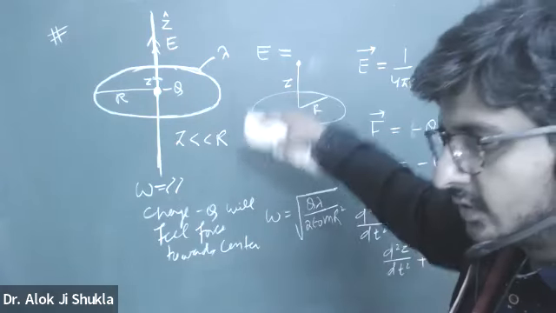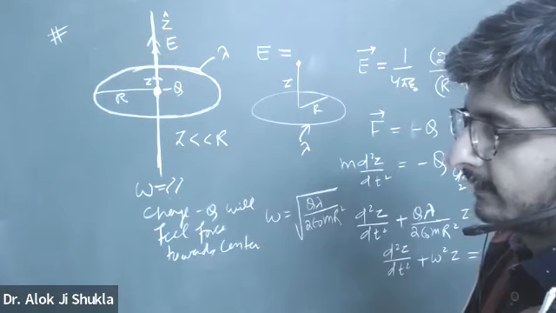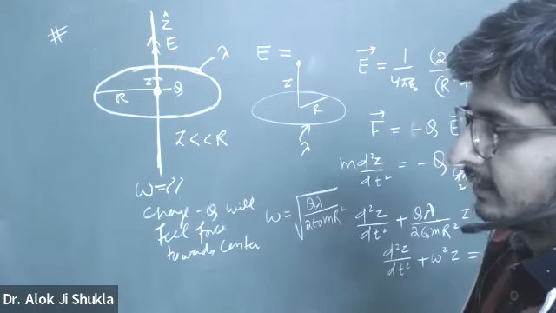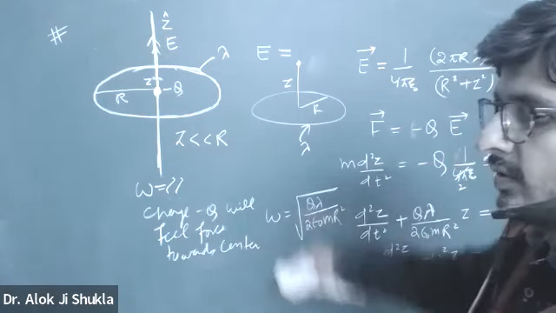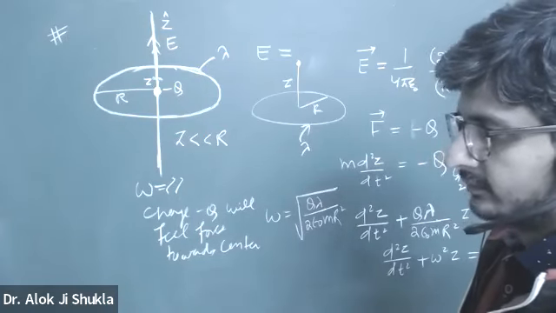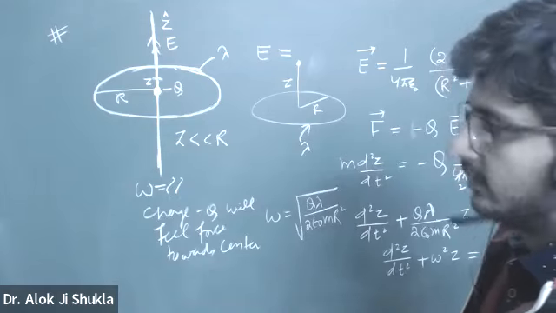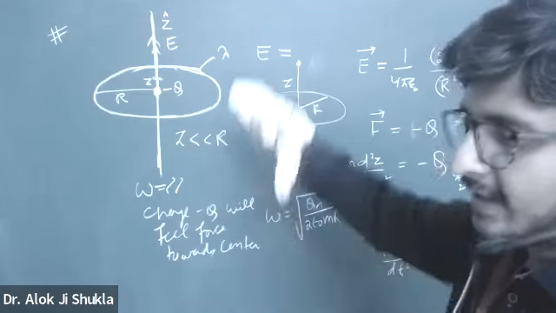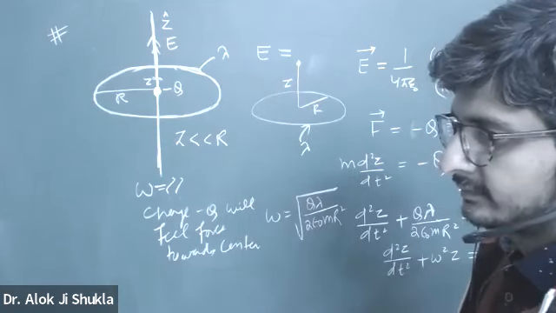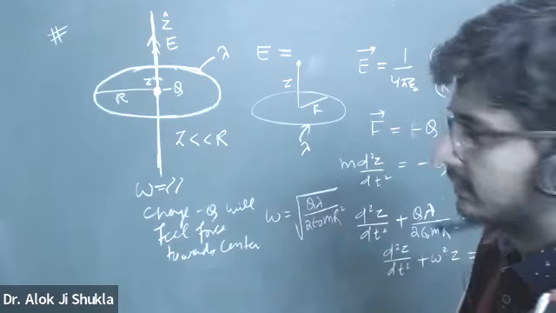जब चार्ज को नीचे डिस्प्लेस करेंगे तो फोर्स किधर लगेगा? If I displace the charge downward, what will be the direction of force? Upward direction. Yes, very good. And if I displace the charge upward, then force will be downward.